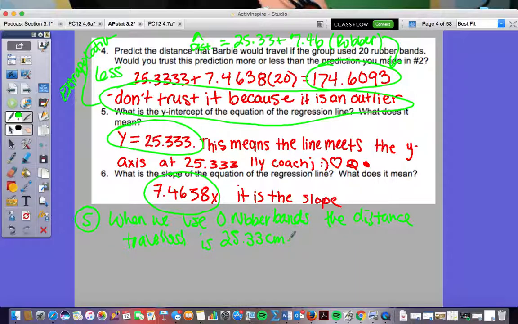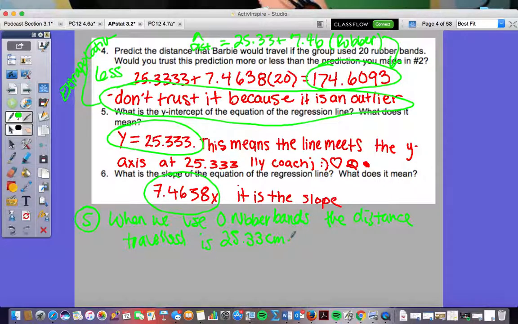I'm missing one thing. If someone can tell me what I missed, I've got 2 tickets for them. Let me read it again. When we use 0 rubber bands, the distance traveled is 25.33. The distance is predicted. Nice, good, Charles. I've got to put predicted.